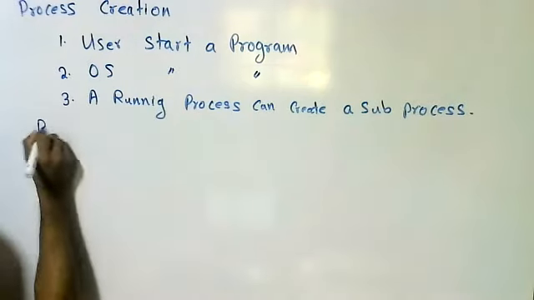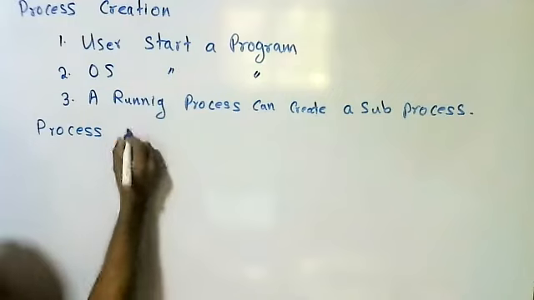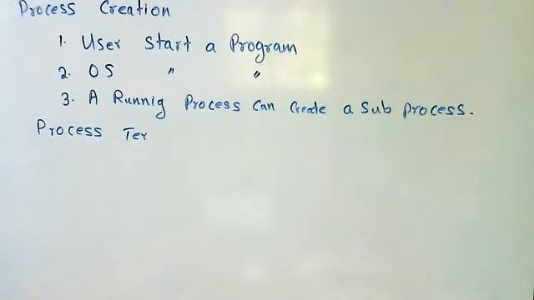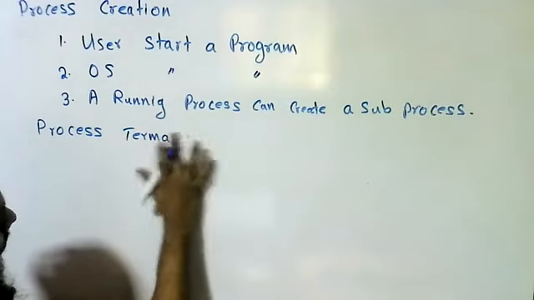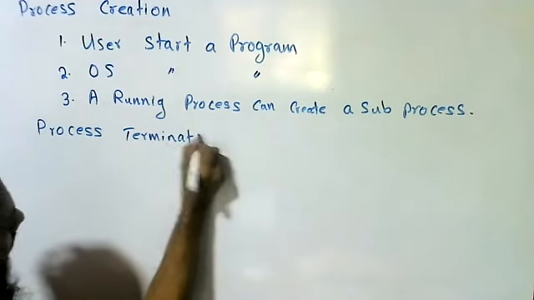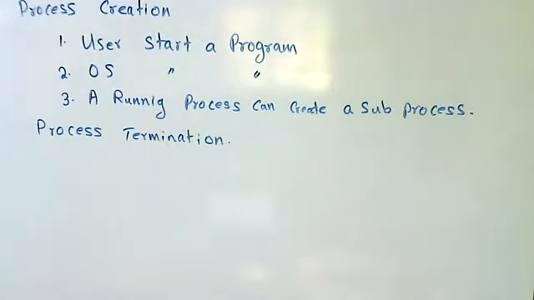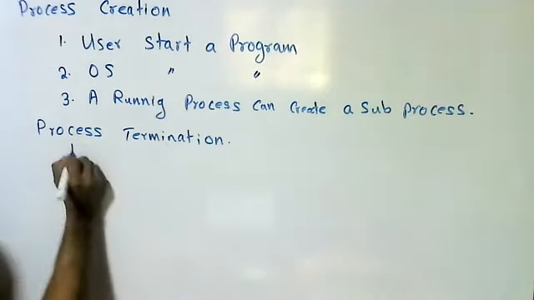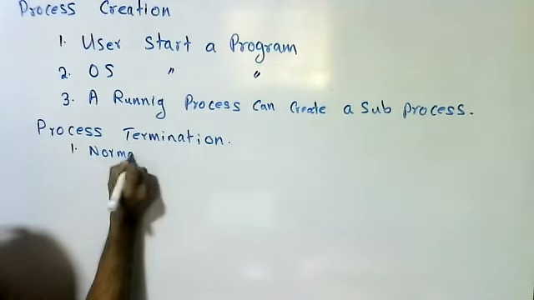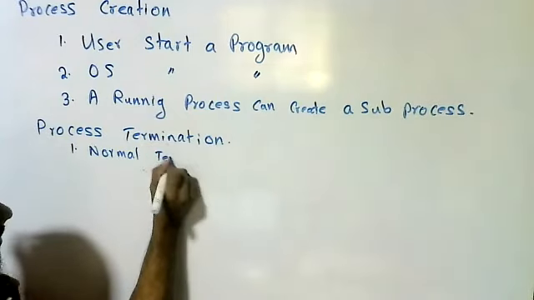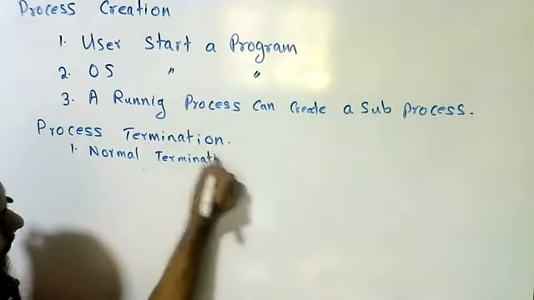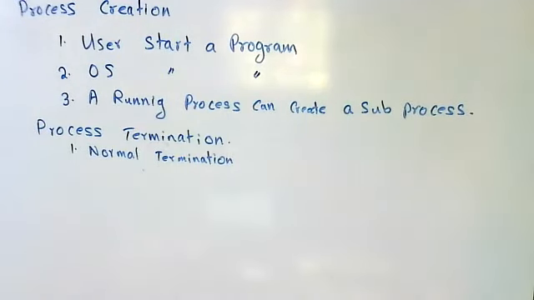Okay, then we'll see how a process can terminate. Process termination. Right. There are several ways a process can terminate. First one, a normal termination. Normally, it executes all its instructions and terminates. That is called normal termination.